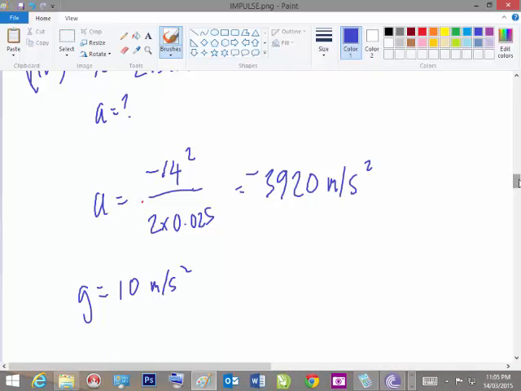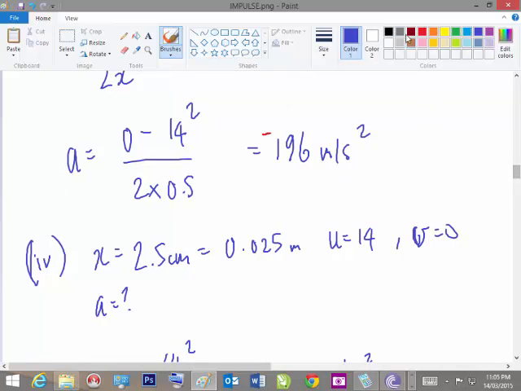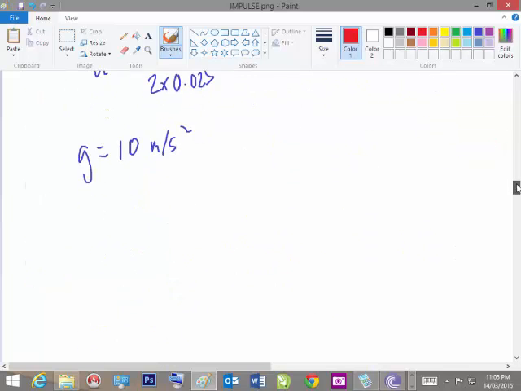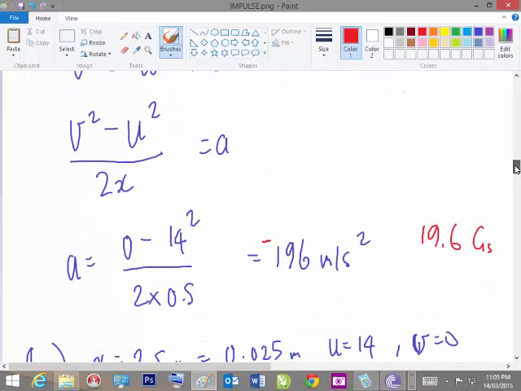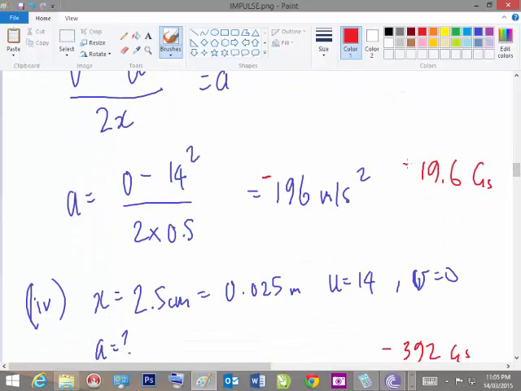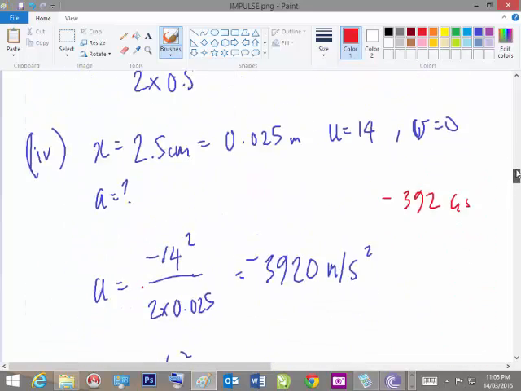So we divide each one by 10. In this case, it's going to be 19.6 g's. In this case, it's going to be 392 g's. Right, so it's much larger. Quite a devastating impact.